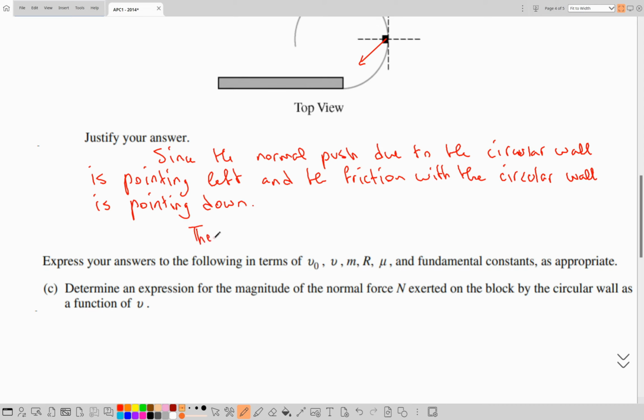Then the horizontal component of the net force is pointing down left.